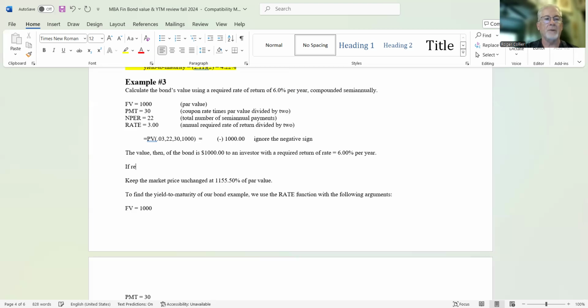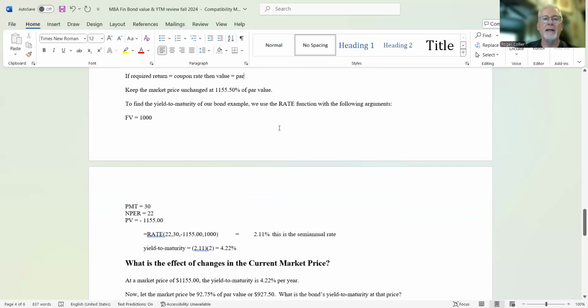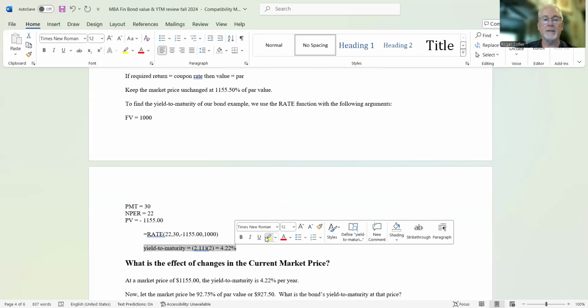If required return is equal to the coupon rate, then value is equal to par. Okay, and as always, we take the next step, keep the price unchanged. We'll leave it alone and calculate the yield to maturity. And as long as I don't change the price, the yield to maturity stays the same.